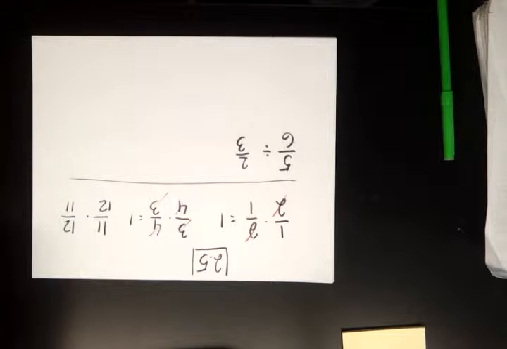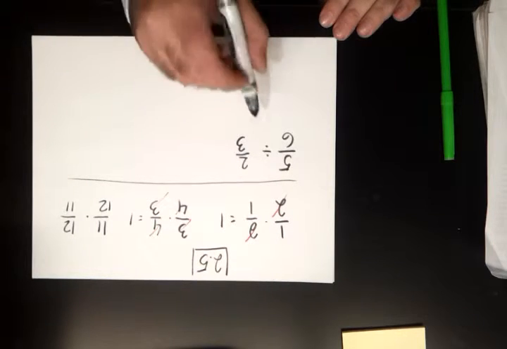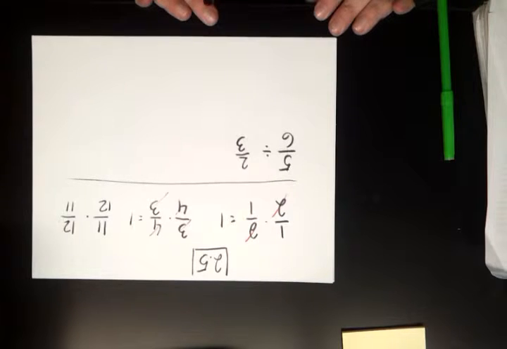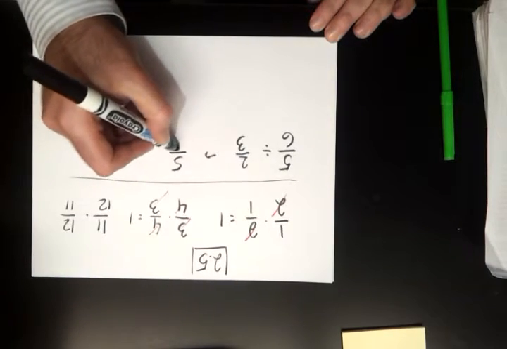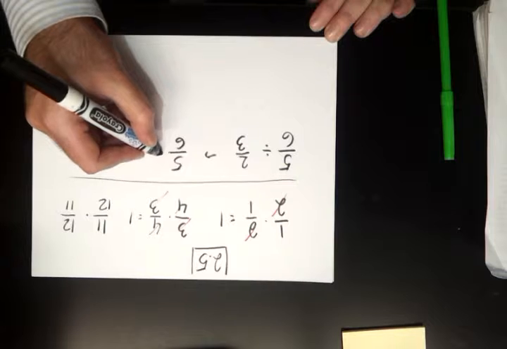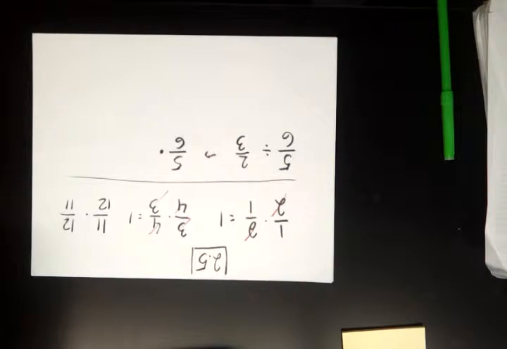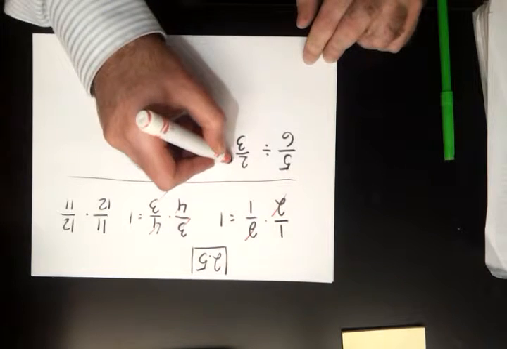So the easiest thing to do is to convert the division into a multiplication. How do we do that? Well, first we change the operation from division to multiplication, and then we multiply by the reciprocal.